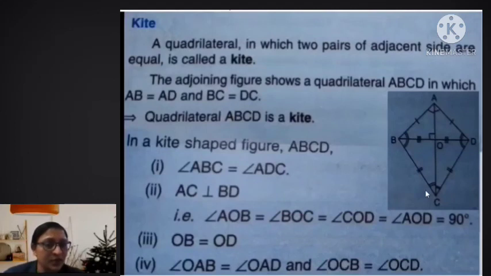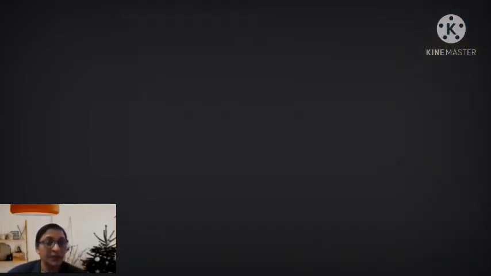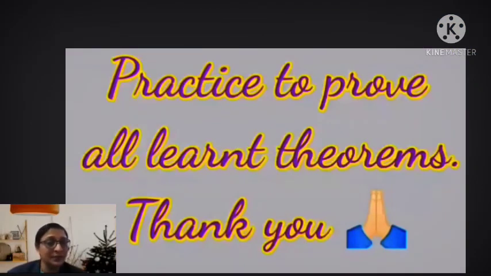Similarly, angle C gets bisected by the same diagonal into the two halves, angle OCB and angle OCD. Practice to prove all learned theorems.